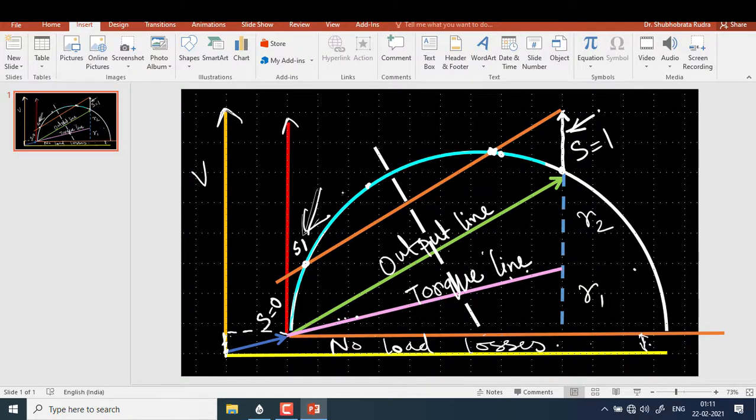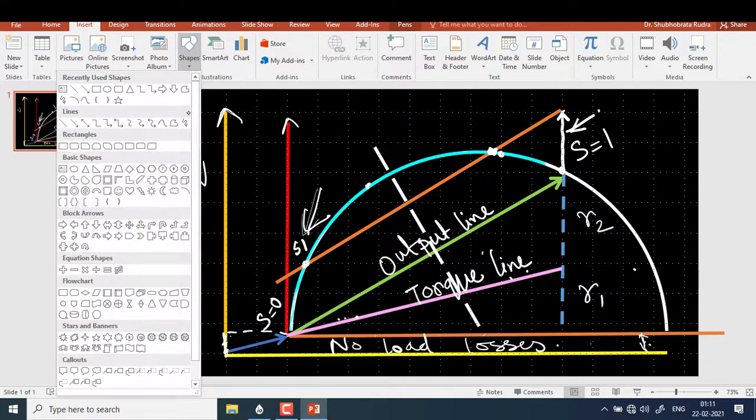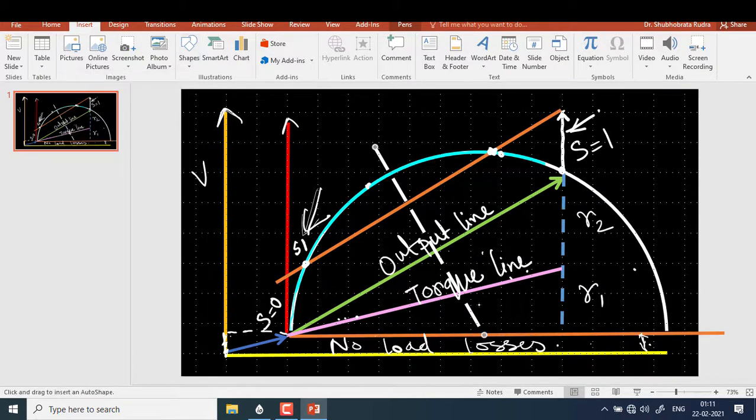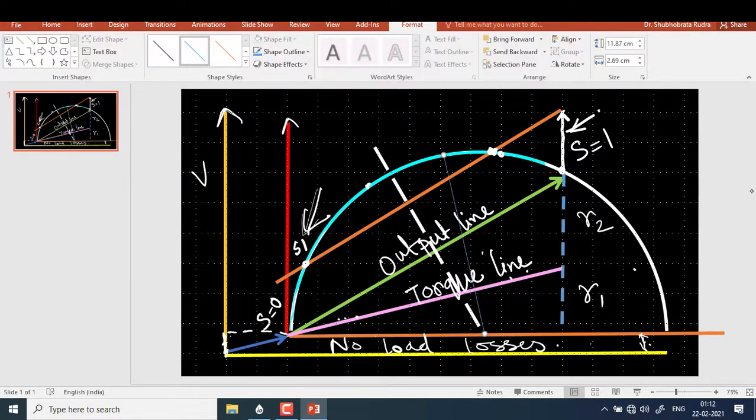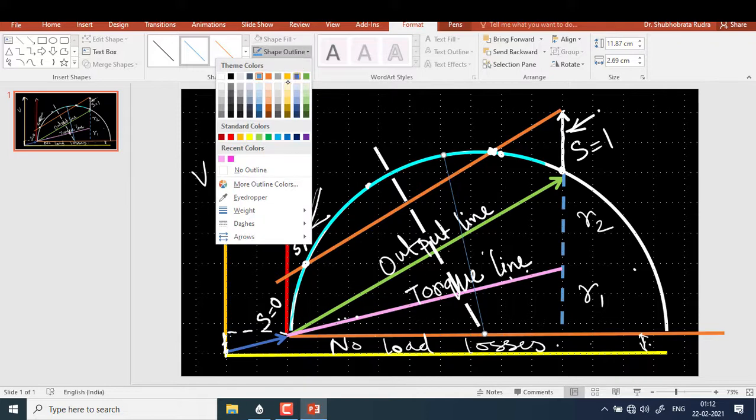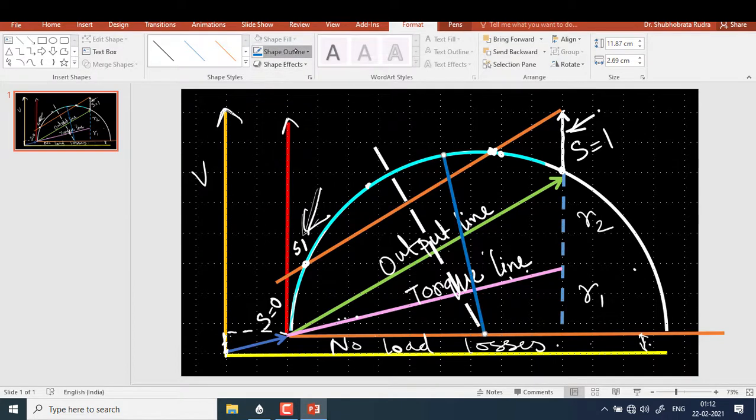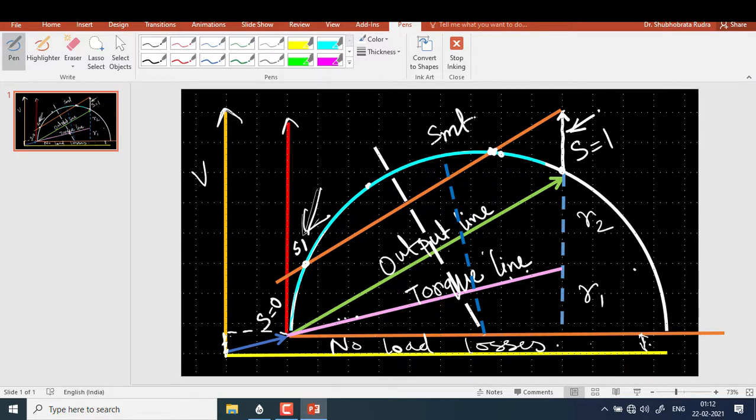So how can we figure out this point? Using our knowledge in geometry, a line drawn from the center that makes an angle of 90 degrees to our torque line gives us our slip SMT.